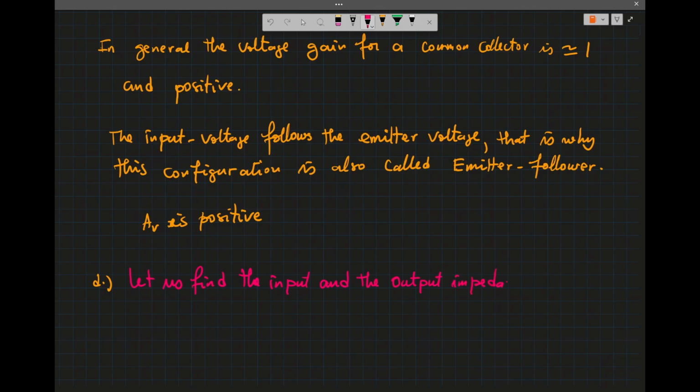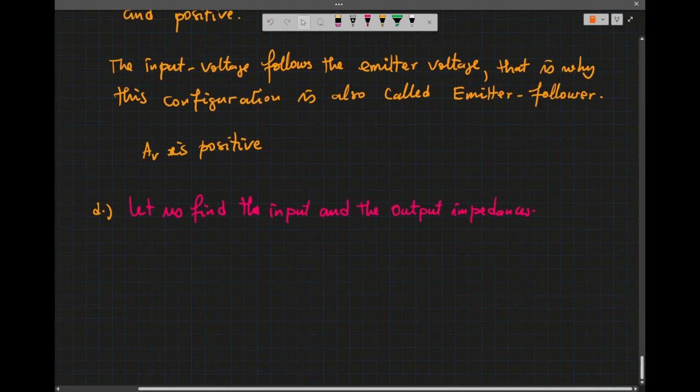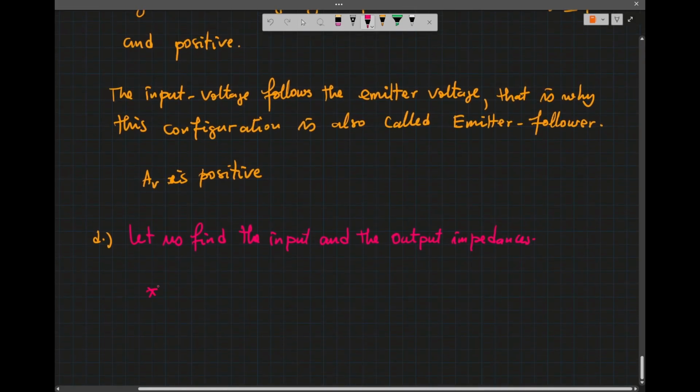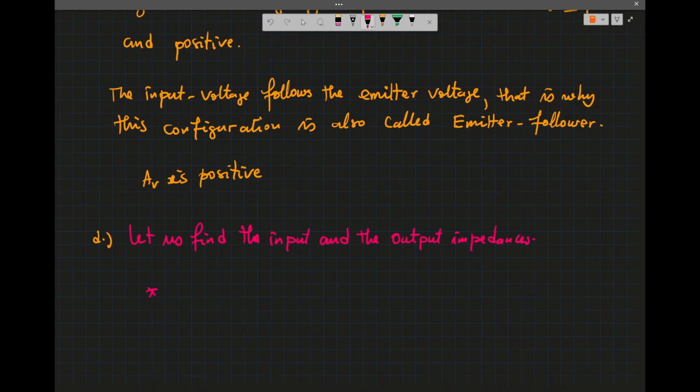Okay, so I'm going to do the input impedance first, and then next I'm going to do the output impedance. Okay, so let's do the input impedance.